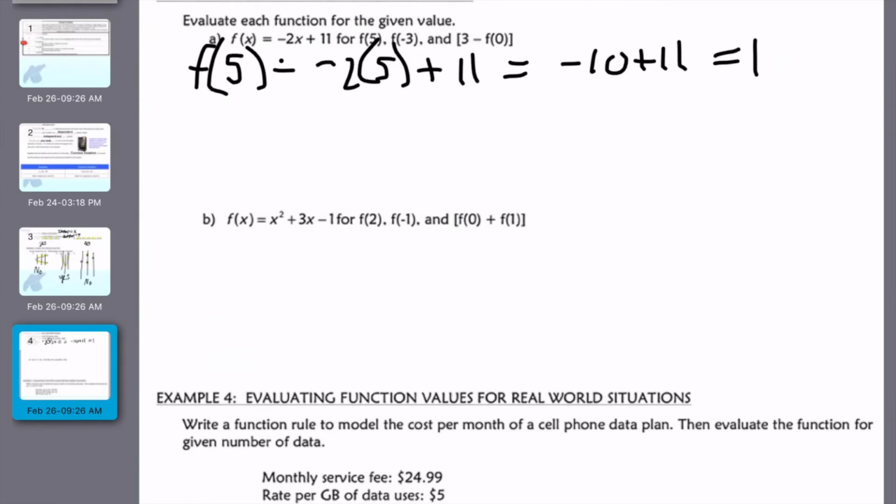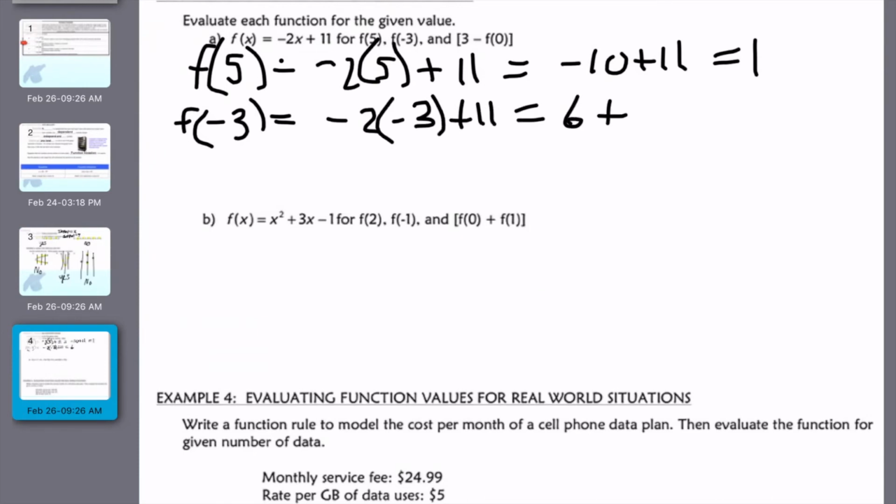If I do f of negative 3, the same thing happens. So I do negative 2 times negative 3. Oops, let me change that to be a negative 3 plus 11. So I have 6 plus 11, which is going to give me 17. And in this last section, I need to figure out what f of 0 is.